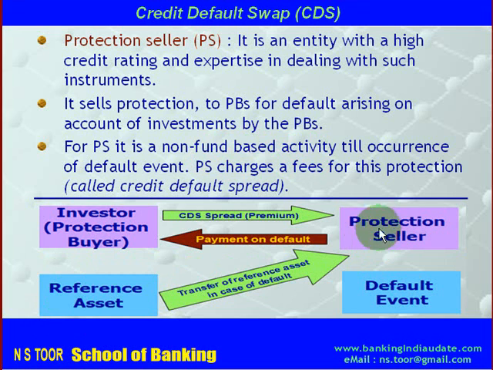But if the default event occurs, if some default takes place, then it becomes a fund based activity. And for this protection, the protection seller charges some fees, and that fee, as I already said, is called the credit default spread.